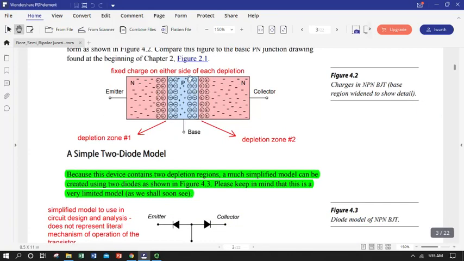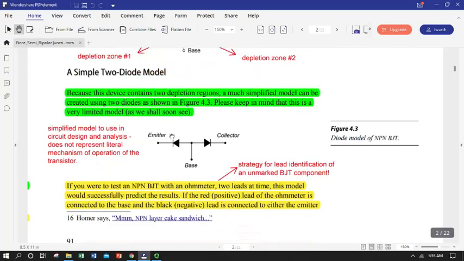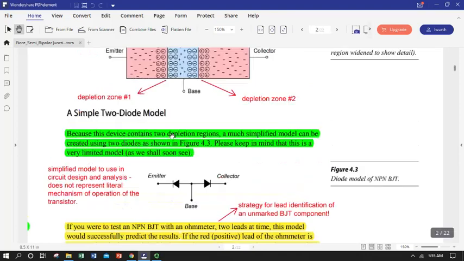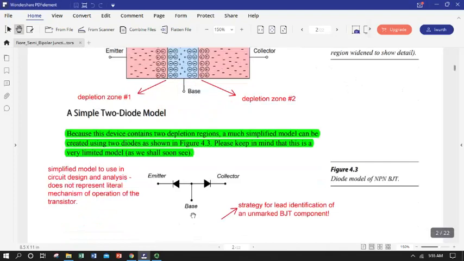Okay. So one of the simplest ways to think about this, which can only carry us so far, is to think about each of these depletion zones and fixed charges as a diode. Because really, if we were to cut our transistor in half, which of course we wouldn't want to do, but if we did, and metallized the leads on our cut interface, we would have two diodes, really, because we have a PN junction here and a PN junction there, and they're pointing in opposite directions.